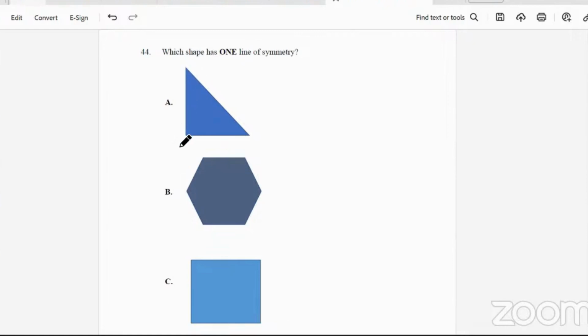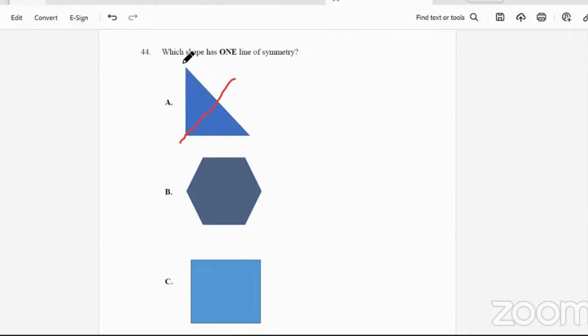Now, the only possible way to cut this triangle in half and have a line of symmetry would be this way. And so one side, mine is not very accurate, but both sides are symmetrical, meaning that they're the mirror image of the other.